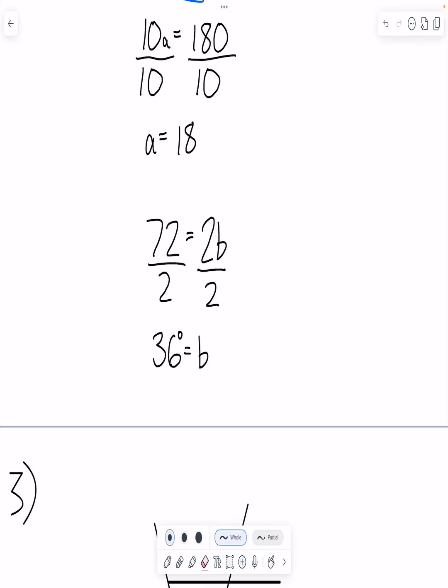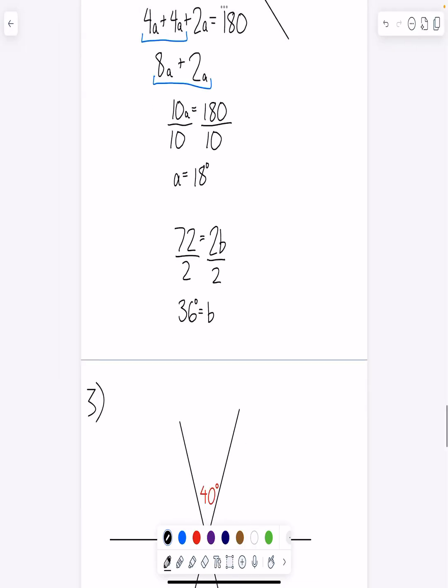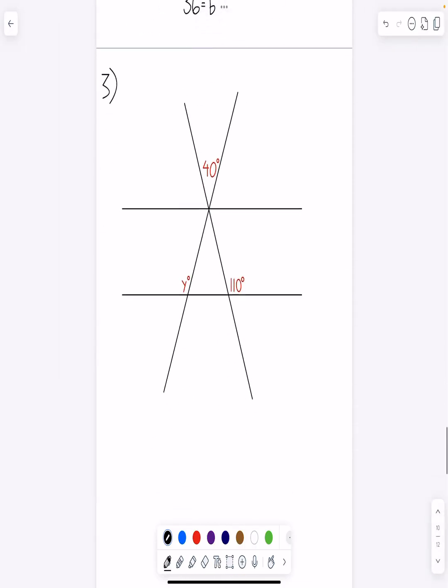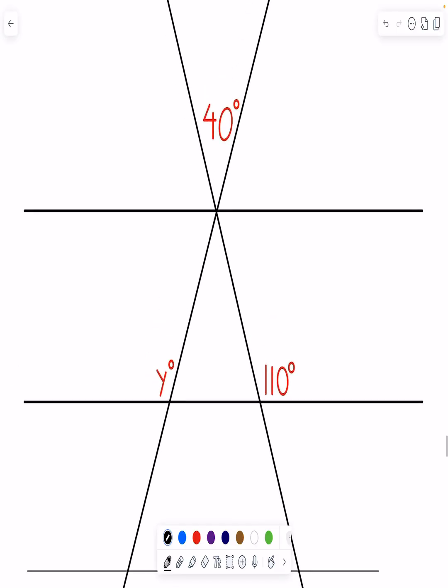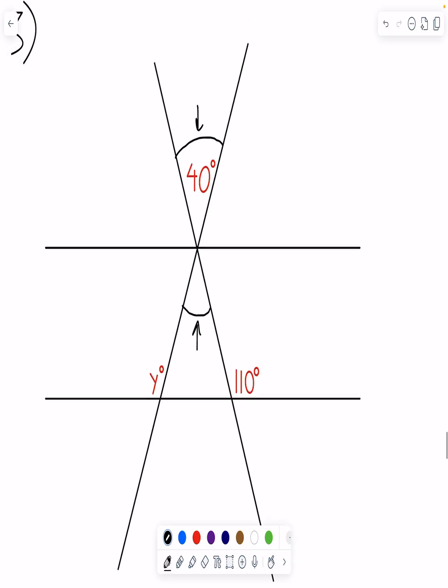All right. Let's go ahead and take a look at another practice problem. In this case, I have 2 bits of information provided. I'm trying to figure out what is y. Well, above I have 40 degrees. This 40 degrees and this angle right here are facing each other, and they're sharing lines.